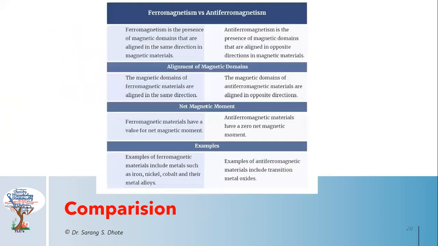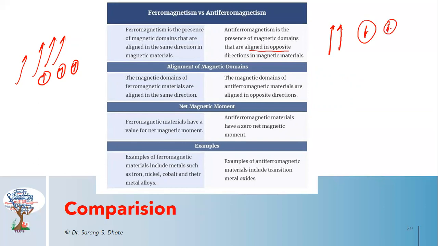Now, comparison between ferromagnetism and antiferromagnetism. Ferromagnetism is the presence of magnetic domains that are aligned in the same direction as the magnetic field. That means if the magnetic field is in this direction, the domains are aligned in the same direction.